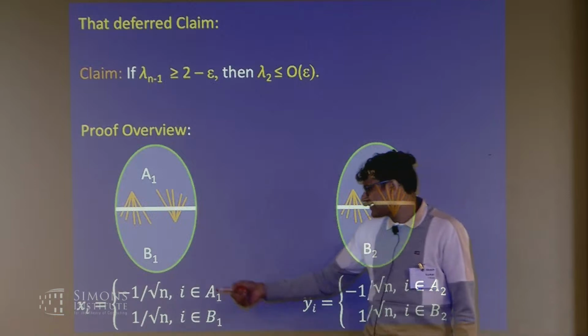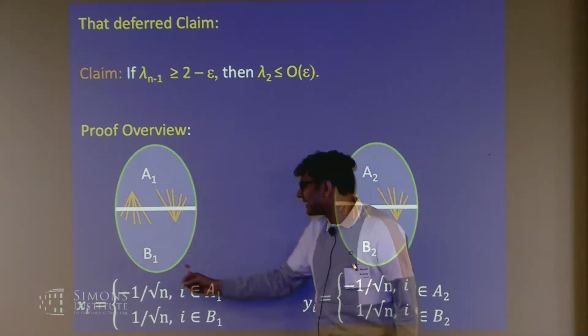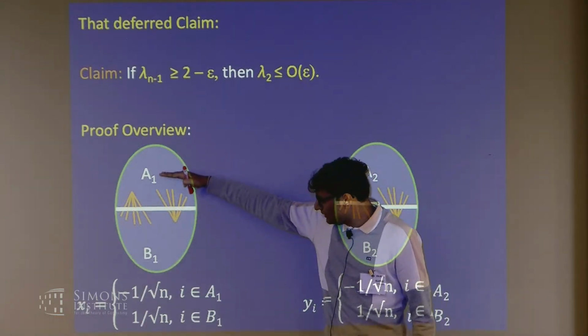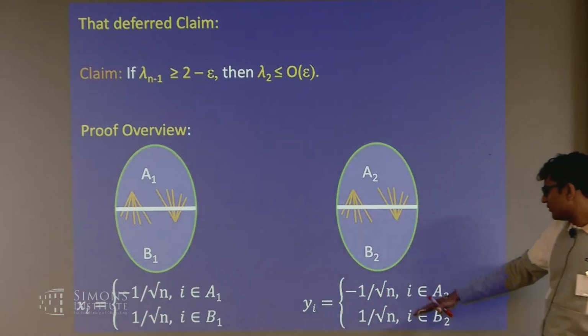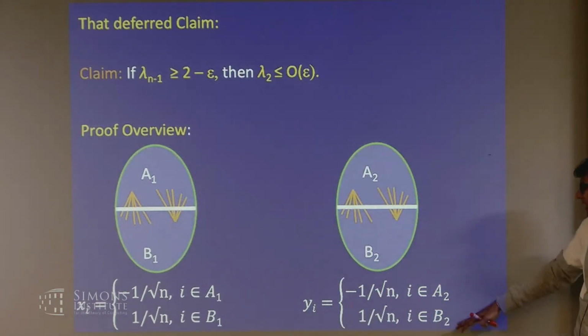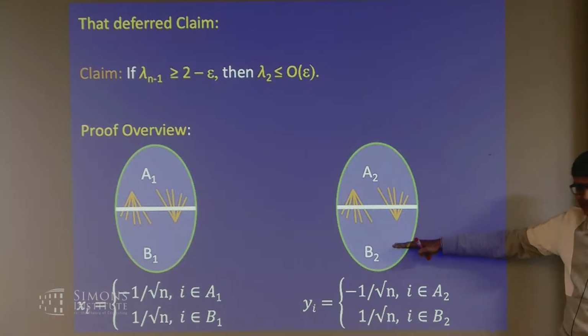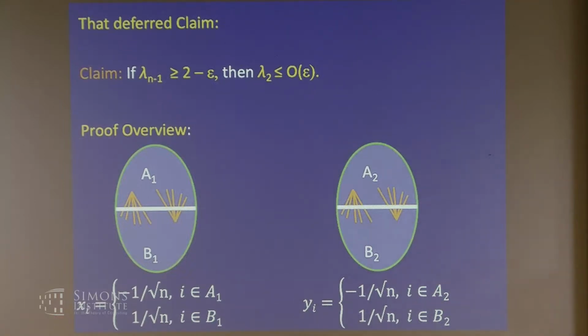The first eigenvector is x, which is supported only on this set: -1 over root n over A1 and +1 over root n over B1. The other eigenvector is y, which is supported only over this set: -1 over root n here, +1 over root n there.